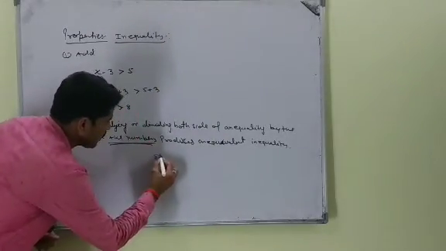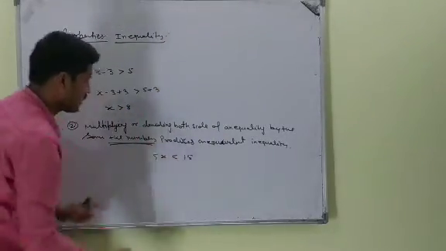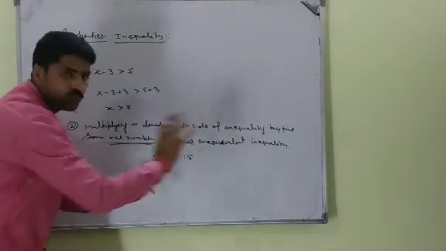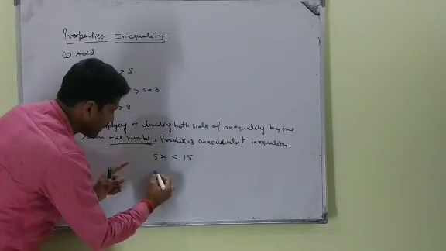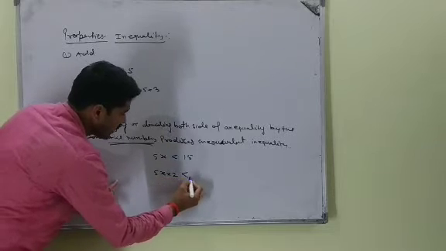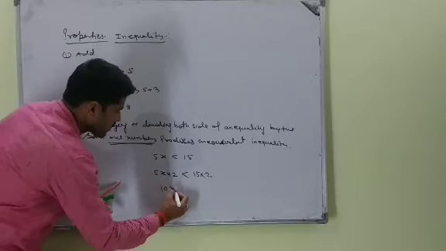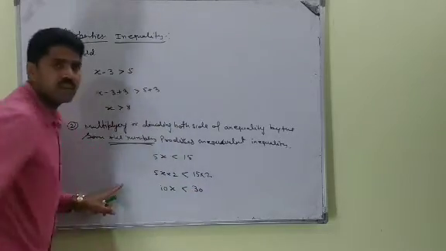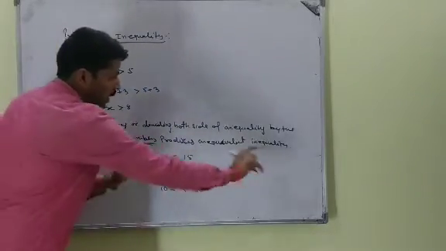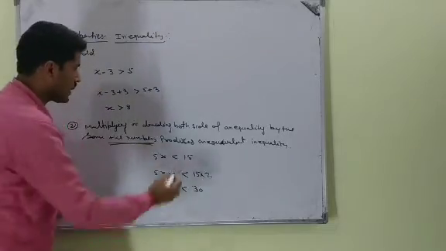For example, 5x less than 15. Suppose I multiply by 2 on both sides, the same operation. 5x into 2, then 15 into 2. Clear? So 10x less than 30. This is multiplying by a positive number. The second is division.